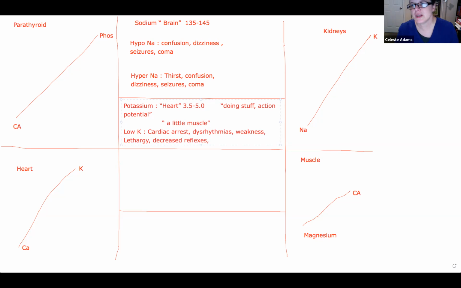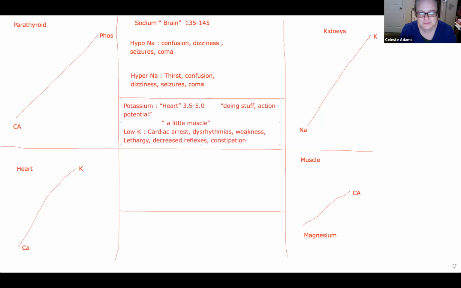And what do you think you would have in low potassium? Do you think you would have constipation or diarrhea? Which one of those GI symptoms do you think you would have? Constipation. That's correct.